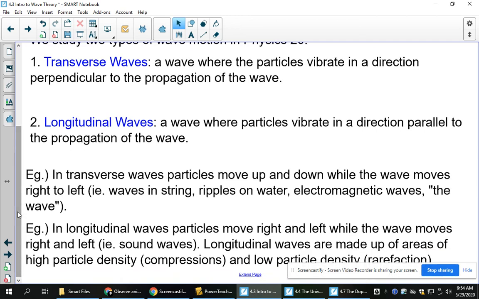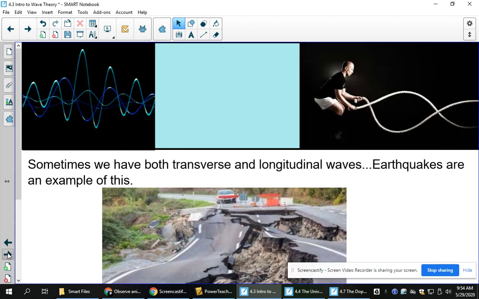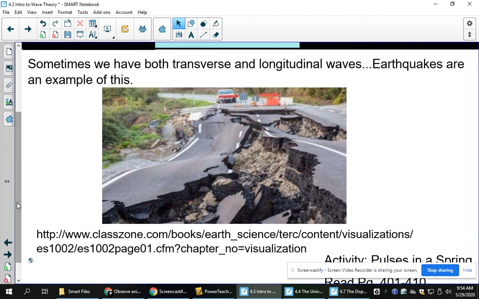Longitudinal can be made up of high particle density areas, so compressions, and low density areas or rarefactions that we look at mostly in Physics 30. If we have both, earthquakes are usually an example of both transverse and longitudinal waves. They can be quite damaging.